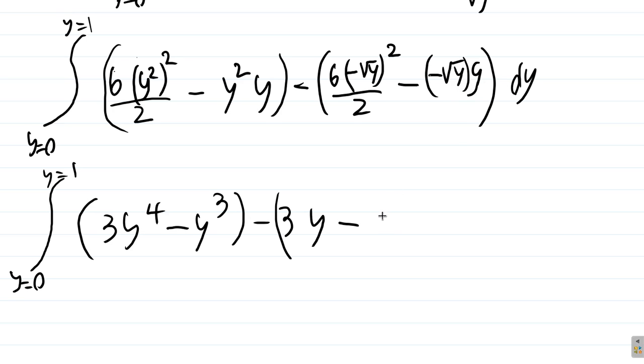Now remember the square root of y. First of all, it's minus negative. So you have a minus and a negative here. Square root of y is really y to the half times y to the 1. So remember your laws of indices, right? When you multiply y to a power times y to another power, you add the powers, right?